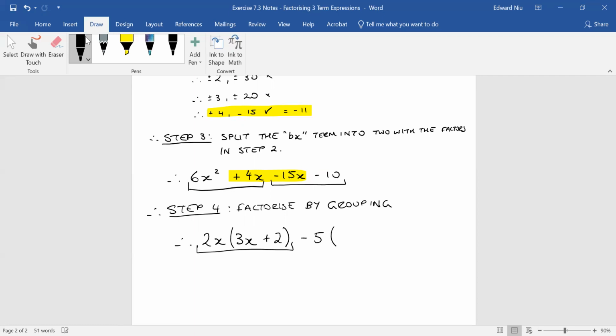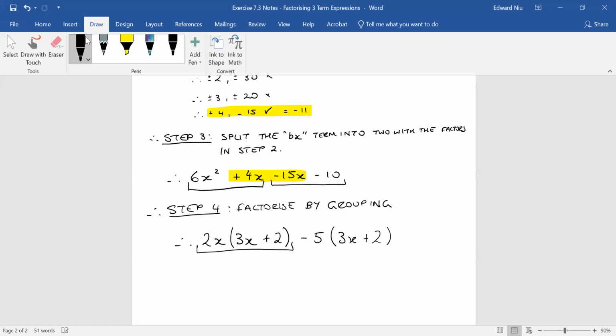So negative 15x divided by negative 5, using our skills that we learnt from last year in single bracket factorization, we know this is going to equal 3x, right, because negative 15x divided by negative 5 gets us a positive 3 and an x left over. And then a negative 10 divided by a negative 5 gets us a positive 2.